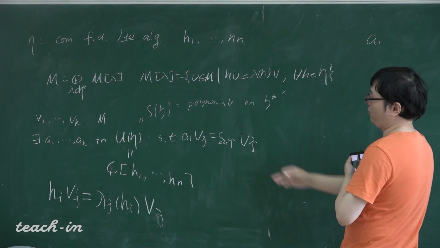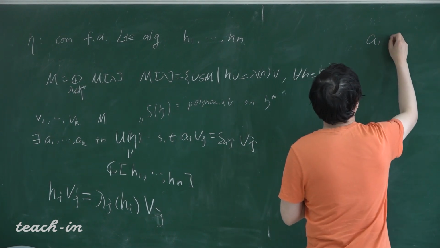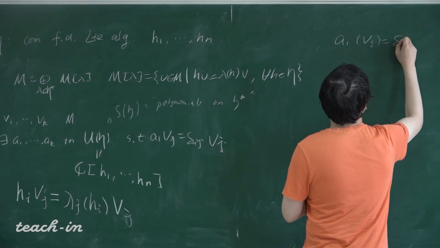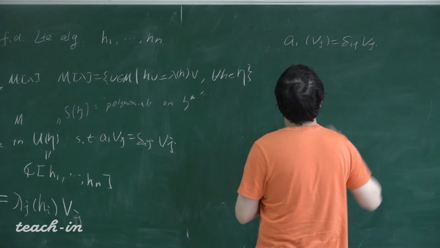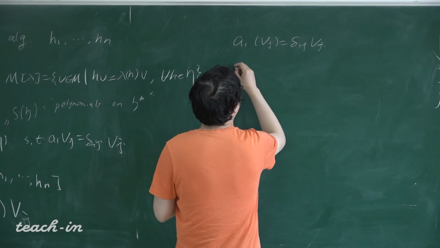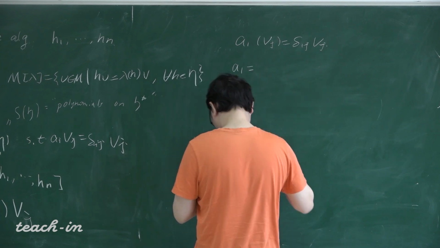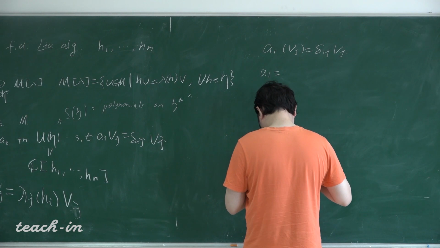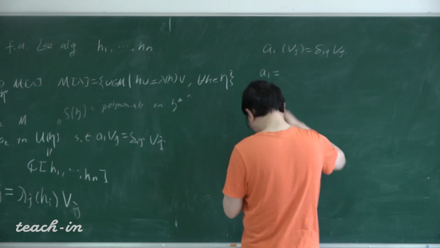Now we try to find A1. What we do is write down the explicit formula of these things.